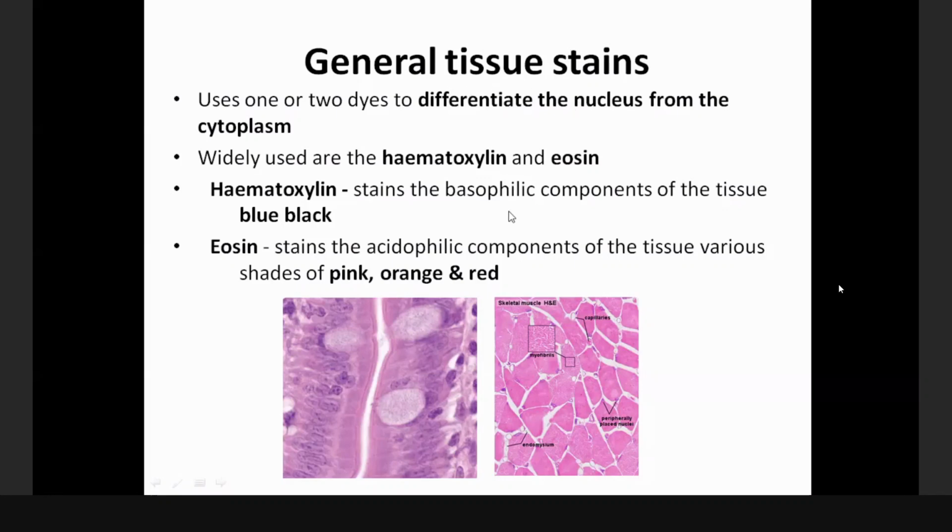And in a few cases, we also have a group of stains known as special stainings. But the widely used ones, which come under general tissue staining, are two chemicals. One is known as hematoxylin, another is known as eosin. These are the two widely used dyes for light microscopy.